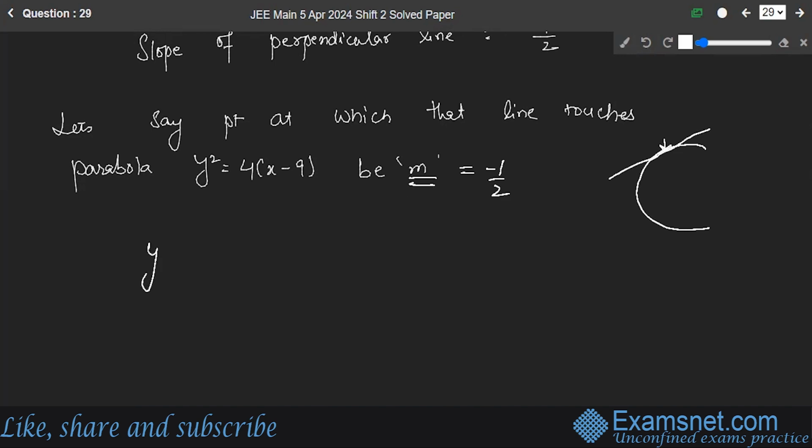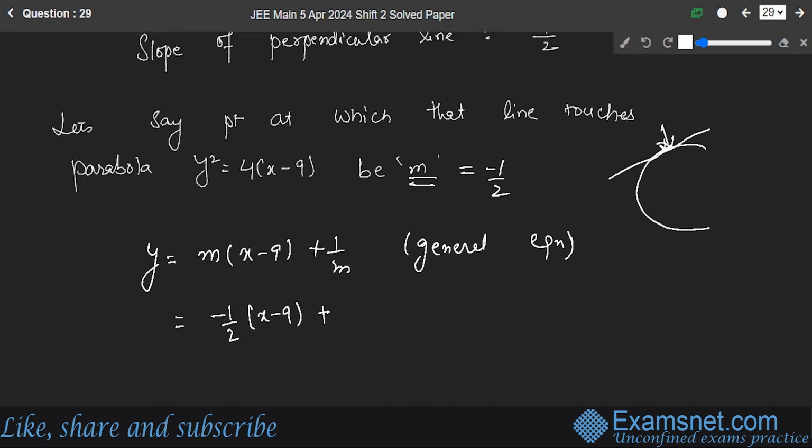Now, the general equation of the tangent to the parabola with the slope m is given by y is equal to m into (x minus 1) plus 1 by m. This is the general equation. I already told you the point at which the line is the tangent to the parabola. That means the slope of the line and the slope of the tangent at that point are the same. So that means this is equal to minus 1 by 2 into (x minus 9) plus this.